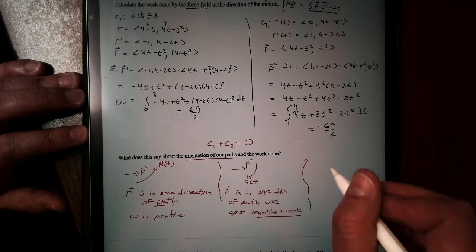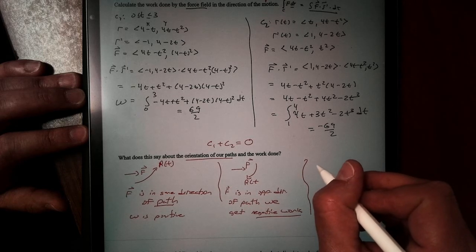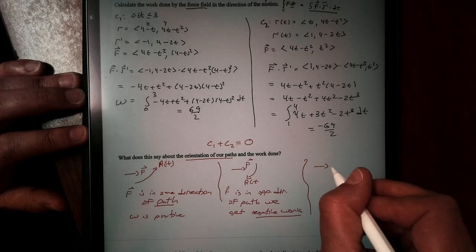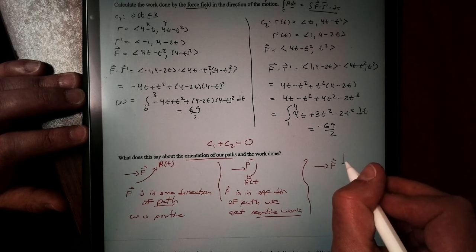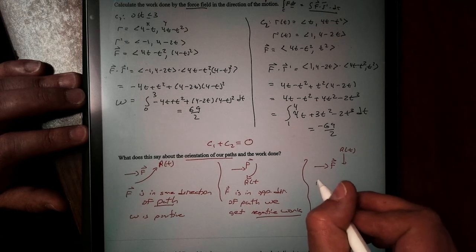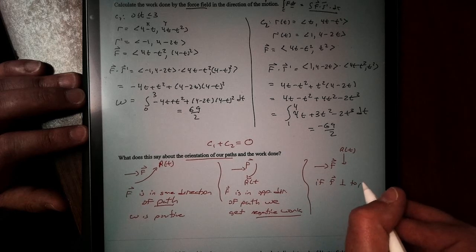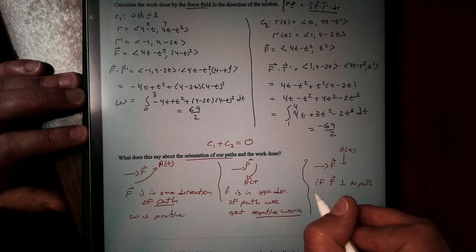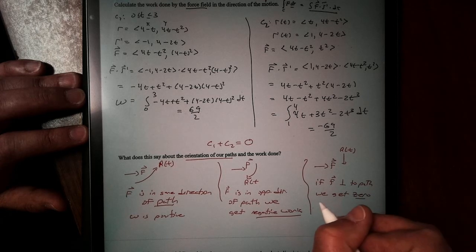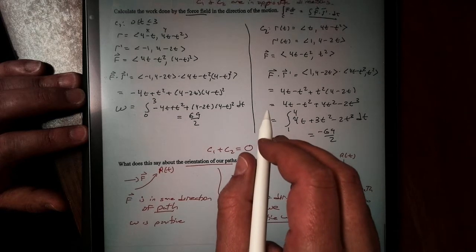Most of you probably know this from physics, is that they're perpendicular. If the force is perpendicular to our path, we get zero work. Now, we can actually see that from our dot product.